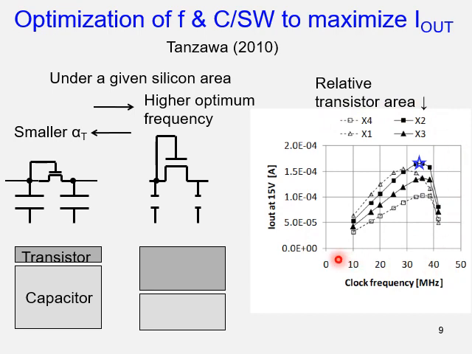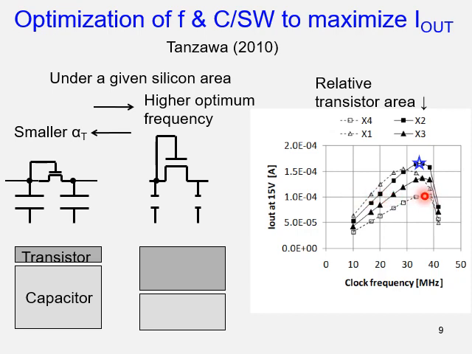This is a curve of the output current versus clock frequency with different transistor areas. X1 through X4 indicate size increases by this factor. You draw the curve like this. Of course, a larger transistor area can have a higher optimum clock frequency to maximize output current.